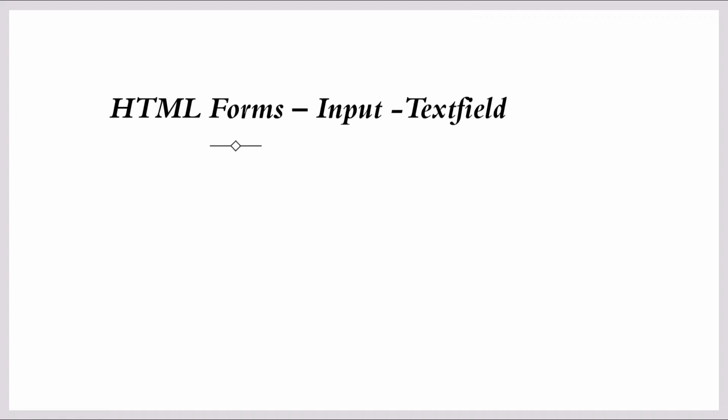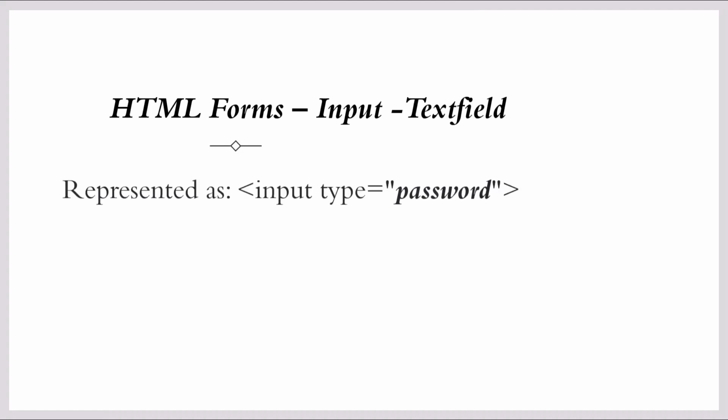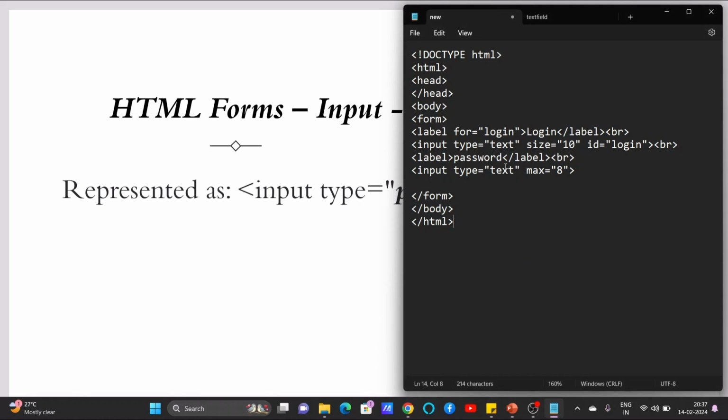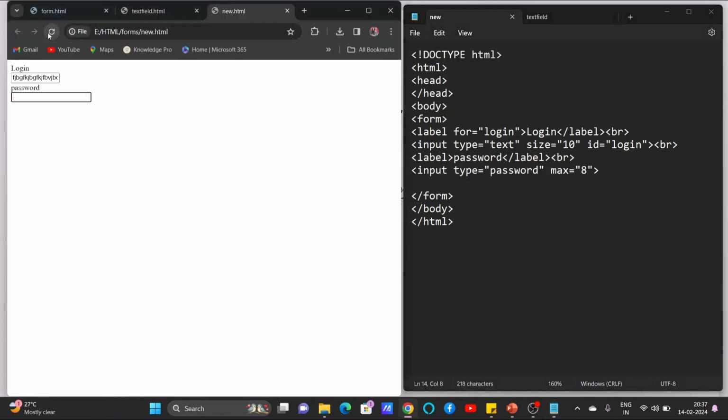Next we have the same input element type as password. If you use password type, the characters in the password field are masked, shown as asterisks or circles. Let's see that. In the same example, I am changing the second input type to password. Save the file, refresh the page.